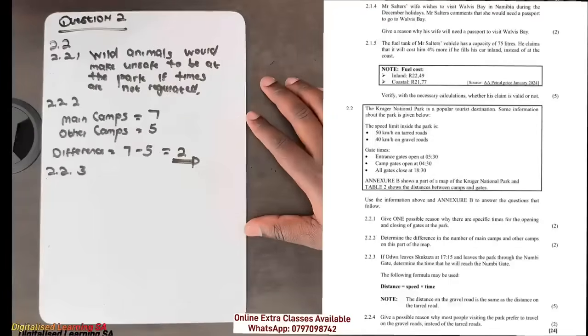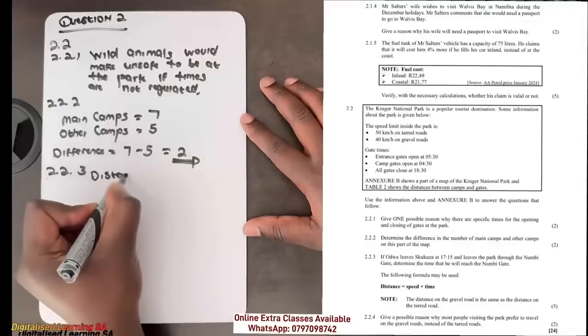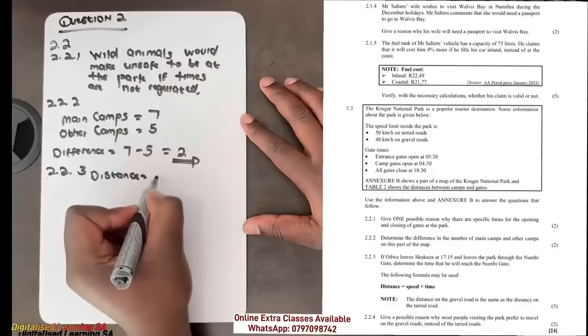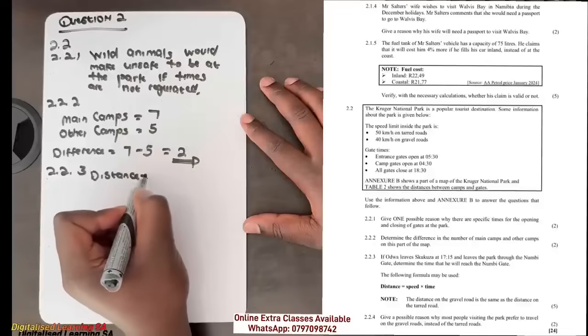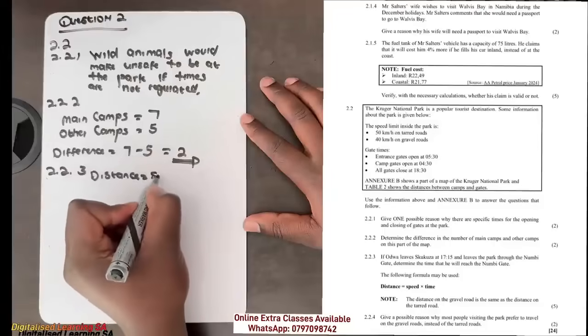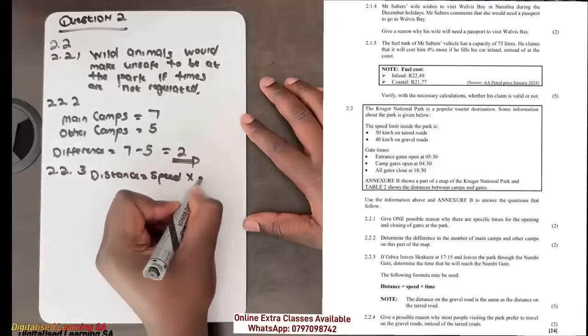And then we are told that the following formula may be used: distance equals speed multiplied by time.